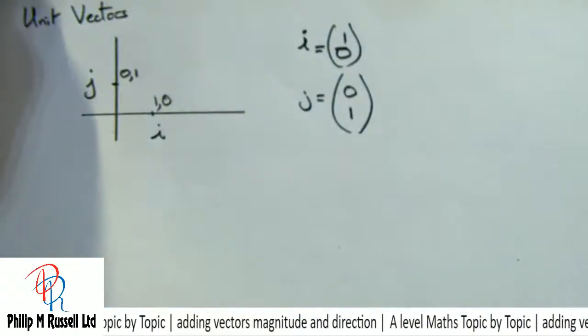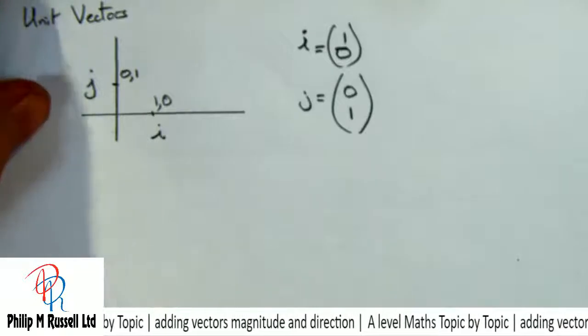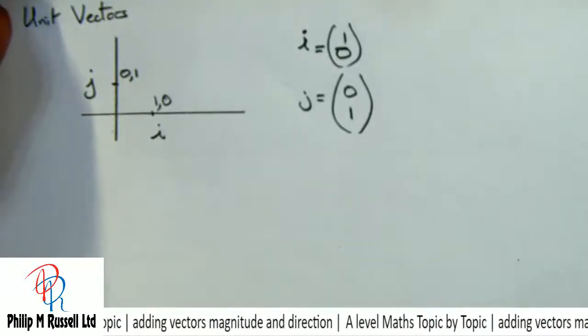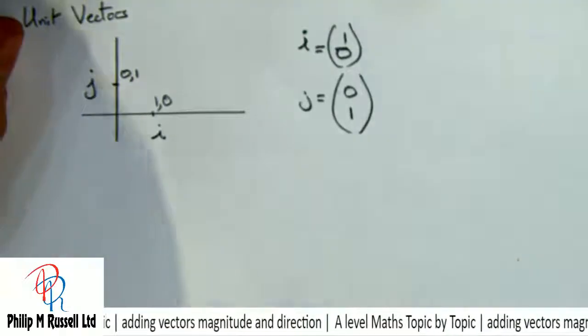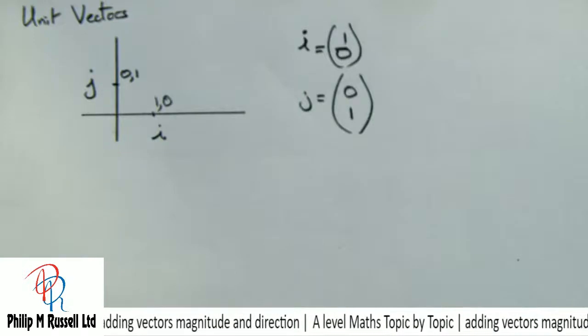We can write any two-dimensional vector in this form if we want to, because we know by the triangle law how things work.